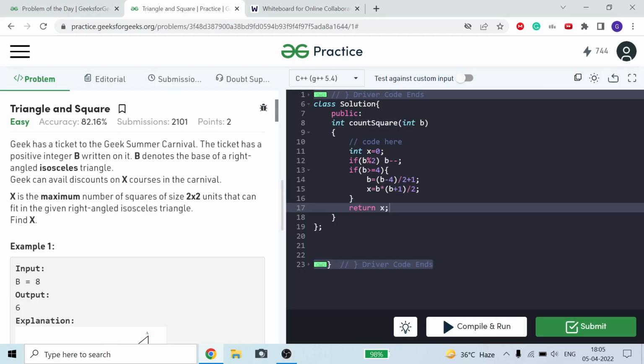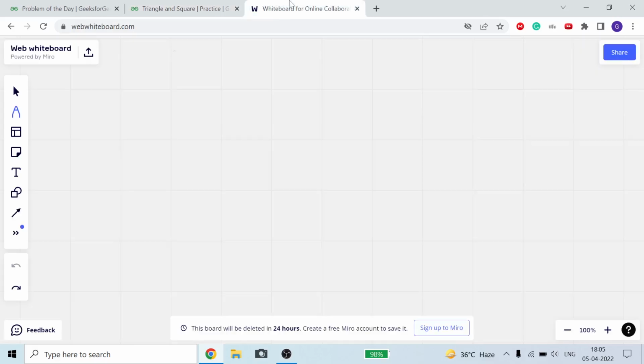So guys, in this problem, we are given a single side of a right angle isosceles triangle, which is its base. For a triangle like this, if this is a right angle triangle, then we are given this.